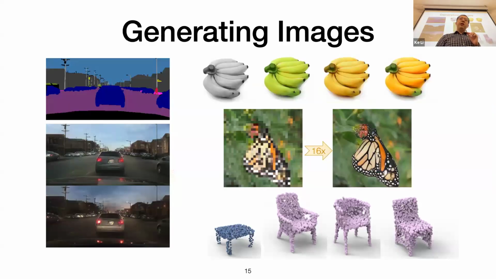In generative modeling, what you want to do is the reverse. So you want to generate, let's say, an image from a segmentation mask in this example. Or maybe in other cases, you want to generate color versions of grayscale images, or maybe you would want to generate different completions of a 3D shape.